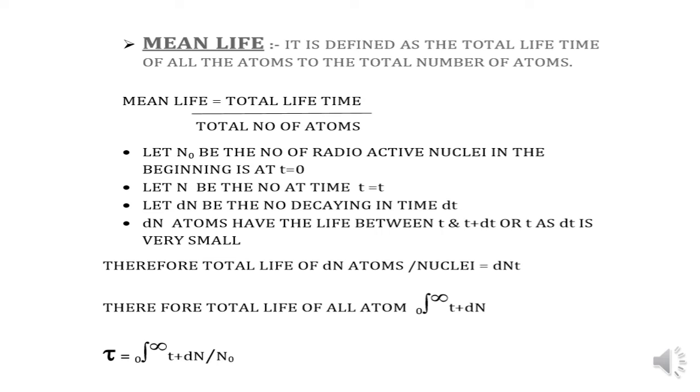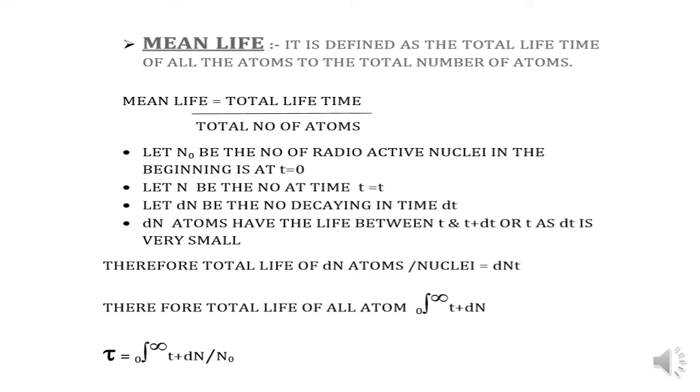Now we have another parameter called the mean life of a radioactive nucleus. When we look at the radiations coming out of the radioactive nuclei, they have different lifespans.